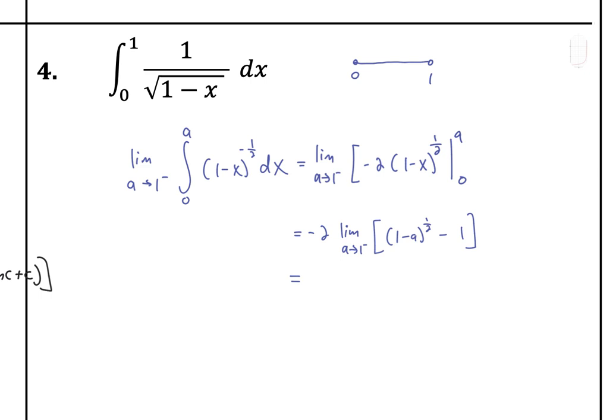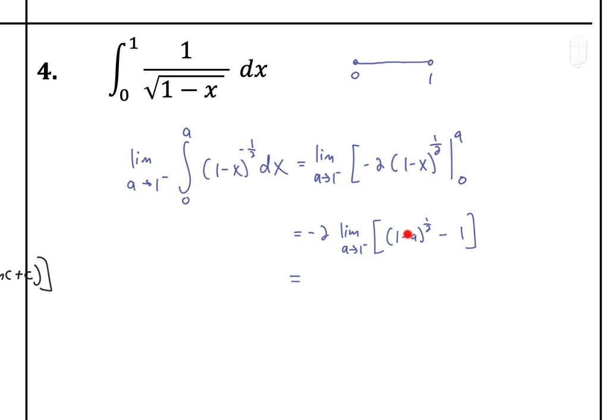And then, as a approaches 1 from the left, this will approach 0, but from values greater than 0, and that's necessary. If this was approaching 1 from the right, this wouldn't exist, because a would be bigger than 1, which would make 1 minus that negative, and you can't take square roots of negatives for real numbers.